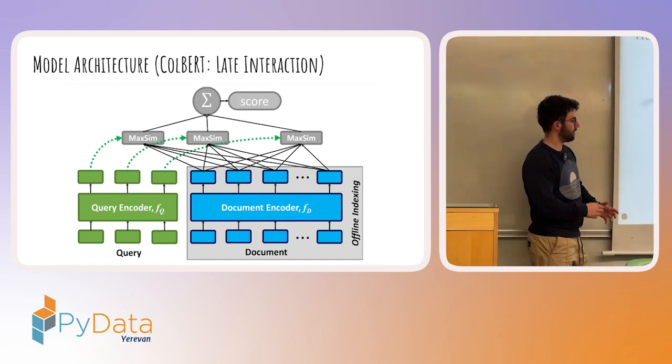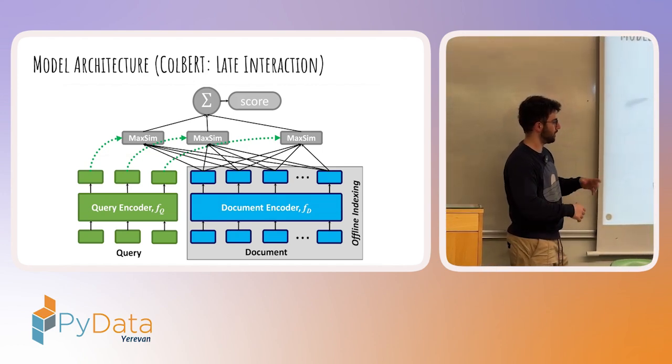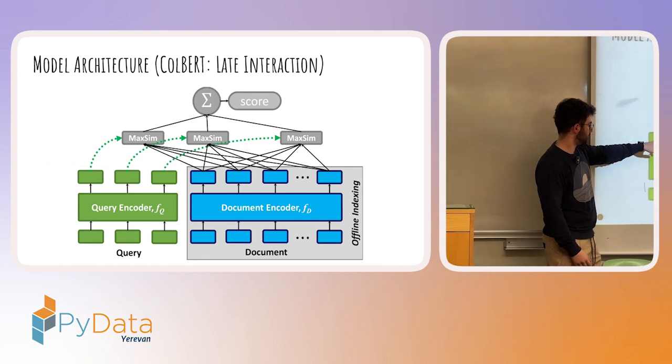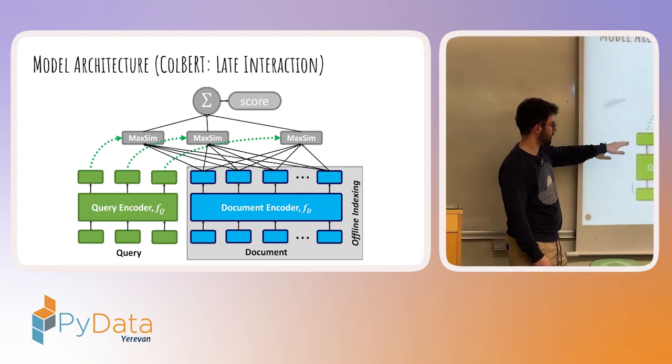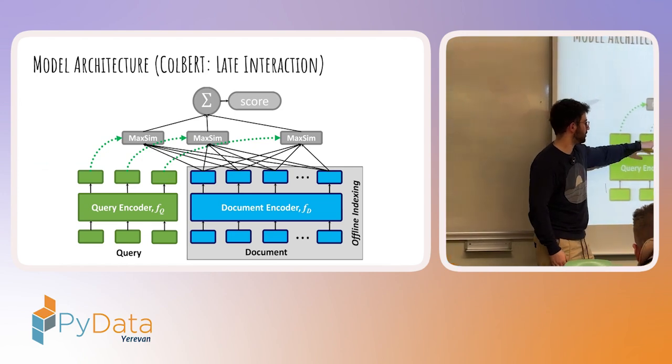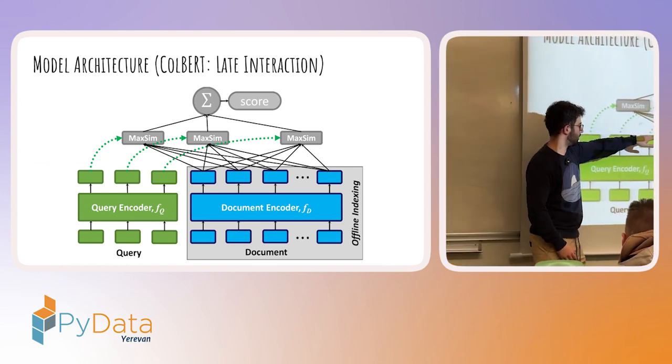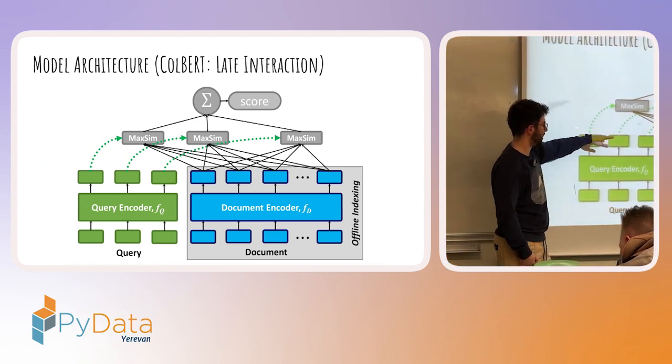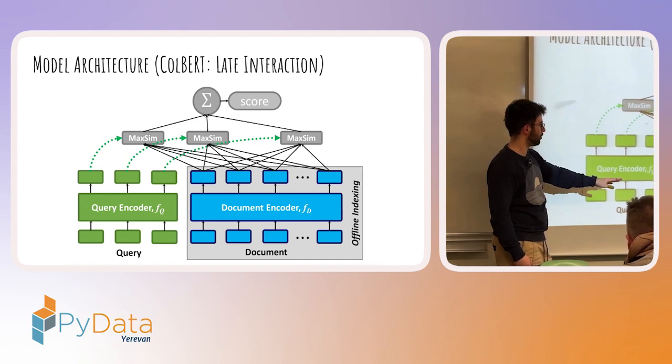So instead of having one vector for the query in the end, let's keep the amount of tokens that are being input as a query, and in this document, in this page. So these ones are already the embeddings of the inputted query and document.